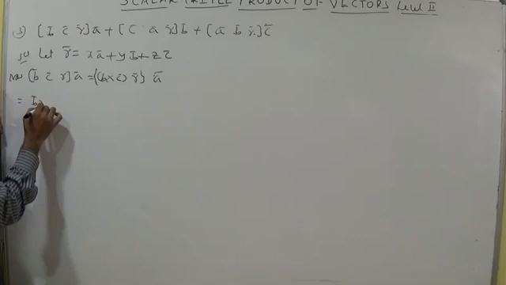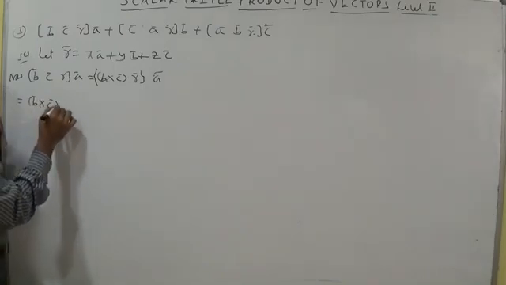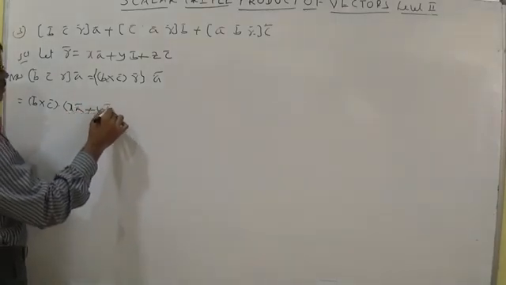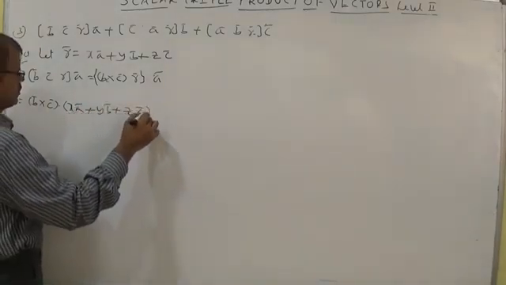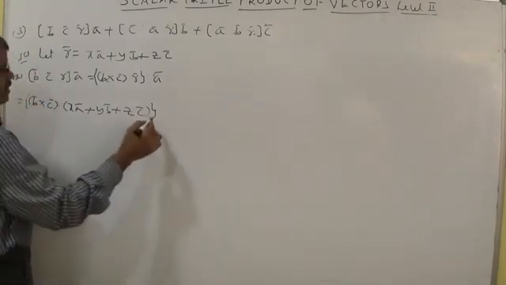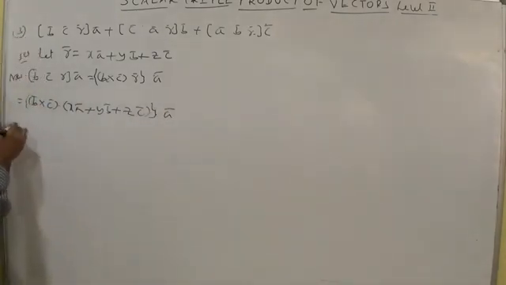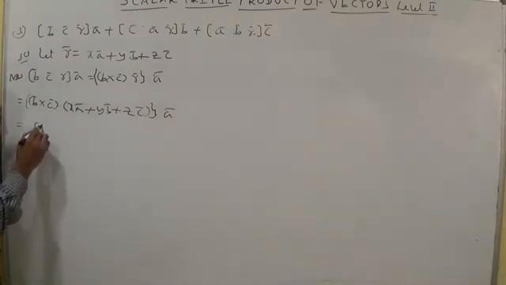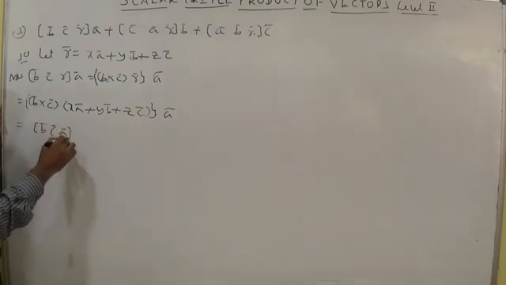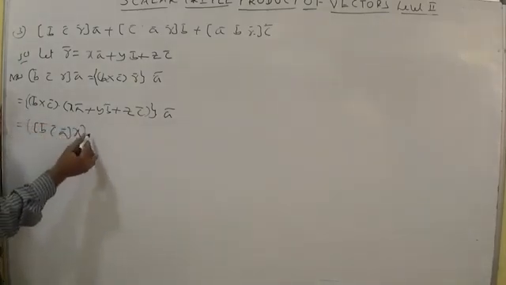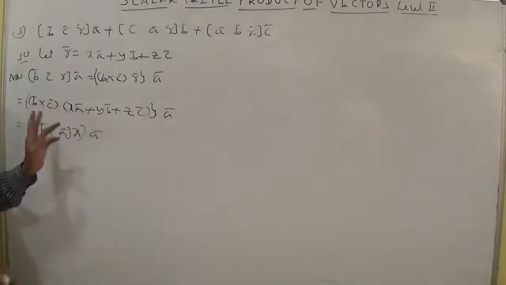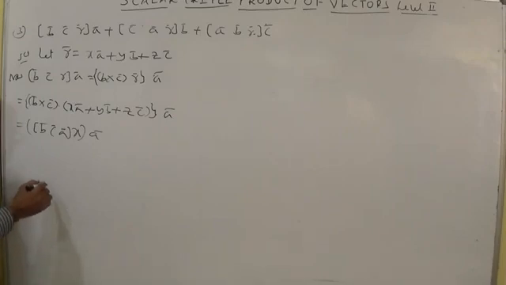First of all, we can write B cross C into R, where R is x A bar plus y B bar plus z C bar, put in a set bracket. So we can write box BCA into x into A bar, because B cross B is 0 and C cross C is 0, no need to write those terms.